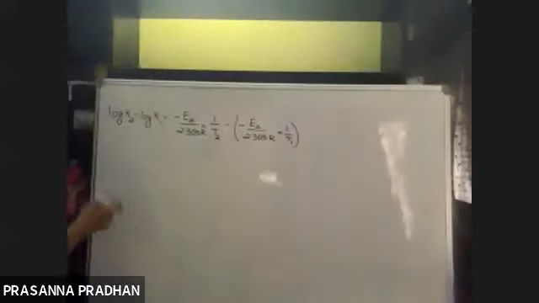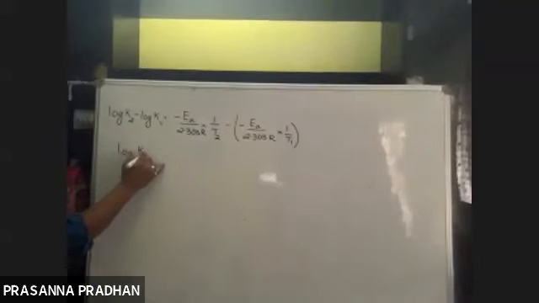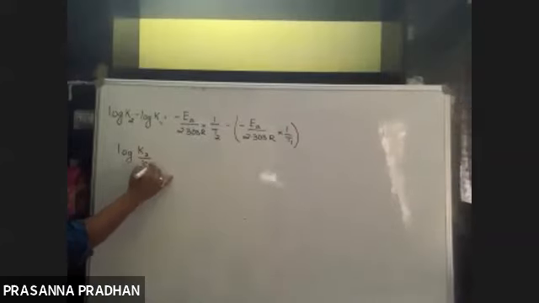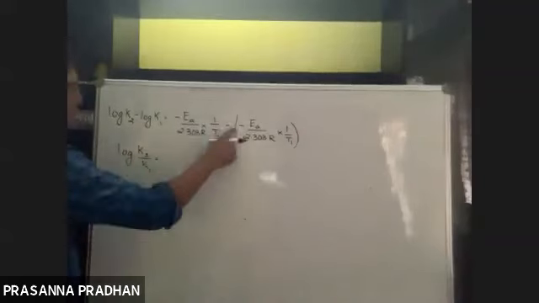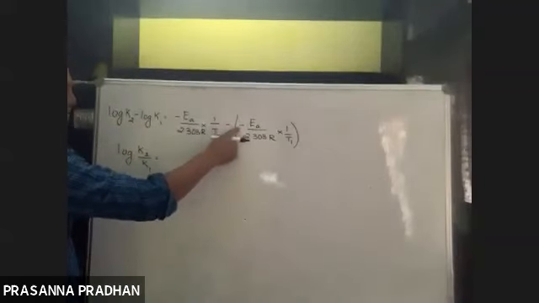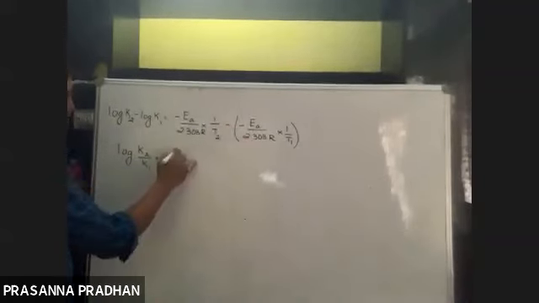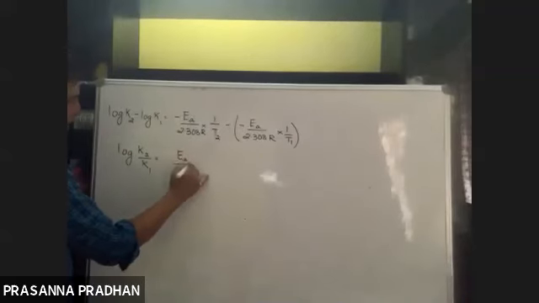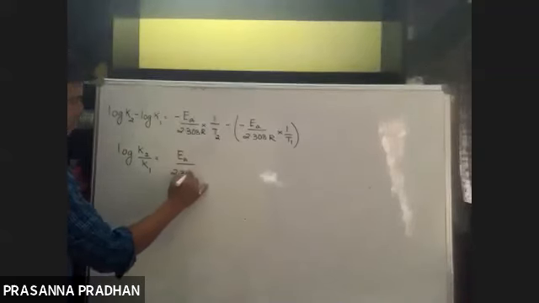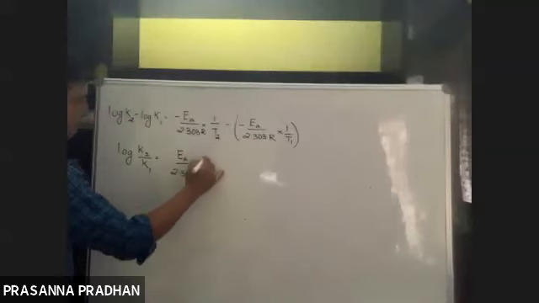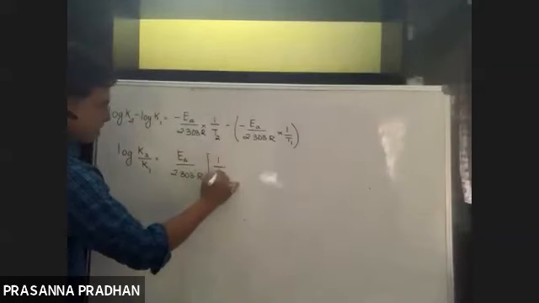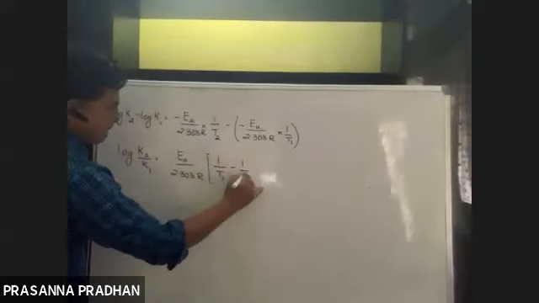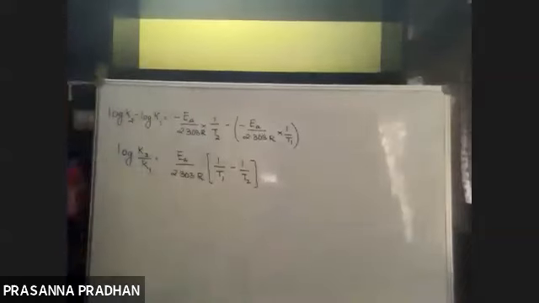Let us now simplify this equation. What is the formula of log A minus log B? It will be log A by B. Minus minus will be plus. I'm taking the common factor Ea by 2.303 R, so it will be 1 by T1 minus 1 by T2.